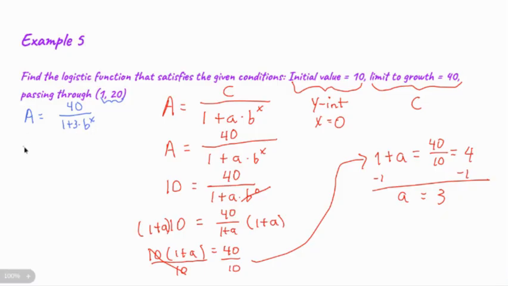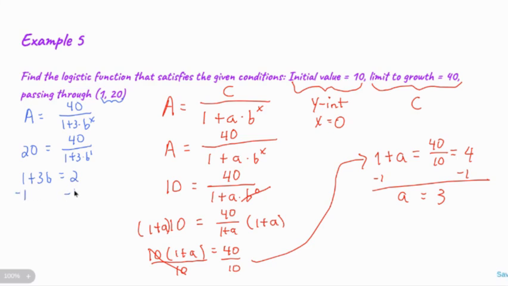So 20 goes in for big A. We got 40 over 1 plus 3 times b to the first power. Now, I'm going to use that algebraic trick since I don't have much space here to switch these two. So that's 1 plus 3b, b to the first is just b, equals 40 divided by 20, which is 2.